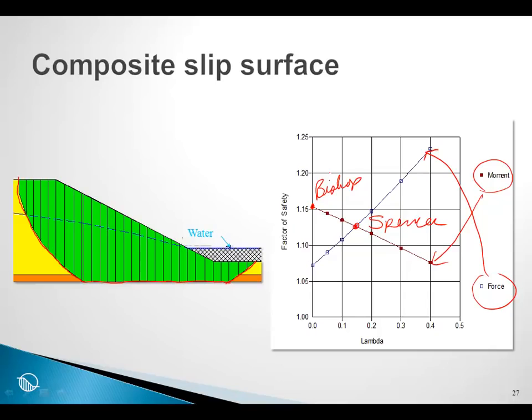We cannot say that. Simple does not mean erring on the safe side, and this GLE plot clearly demonstrates why that is the case. Another reason why it is useful sometimes to make a GLE plot, and in this particular case, when you do that, you can readily see why the Spencer factor of safety is lower than the Bishop factor of safety.